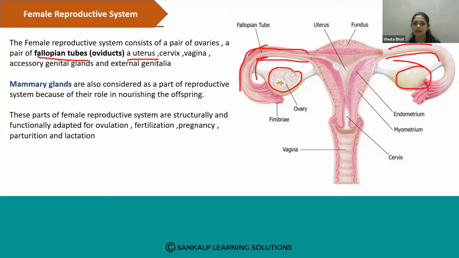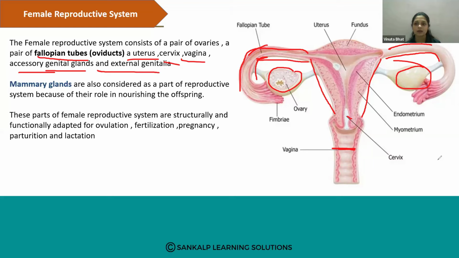And the uterus, and this is the triangular shaped uterus. Then the vagina, so this is the vagina. Then the cervix, so this is the cervix, and accessory genital glands and the external genitalia.